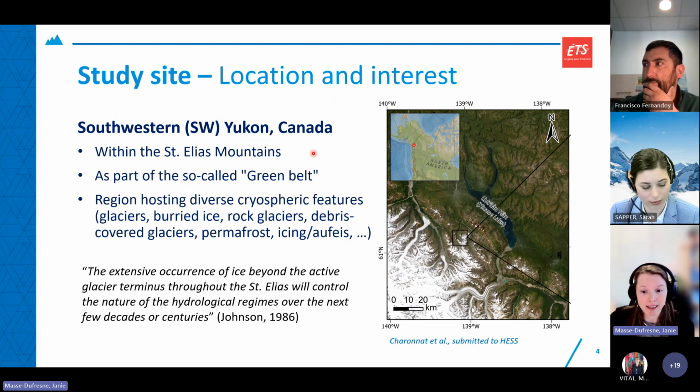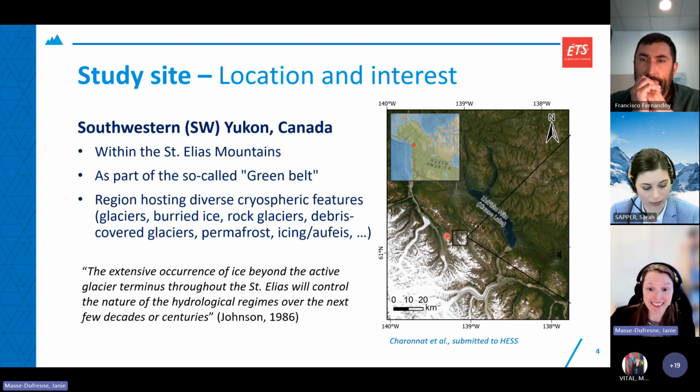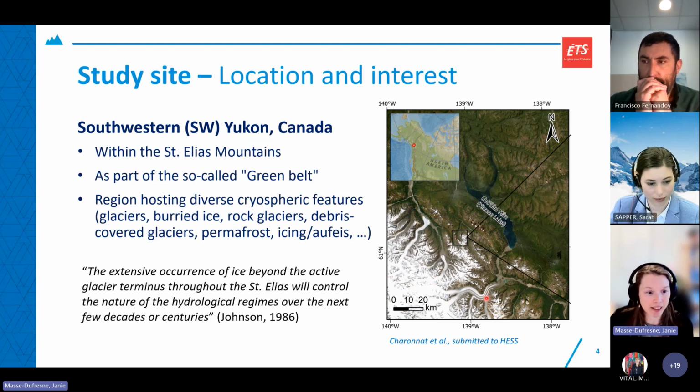The glaciarized catchments we are interested in are somehow deglaciating valleys that contrast with the rest of the ice field over there. So the region we study is hosting very diverse cryospheric features. We see glacier, well, actually we don't see it because it's buried, but we know that there is some buried ice, some rock glaciers containing buried ice, some debris-covered glaciers, permafrost, icing of ice.